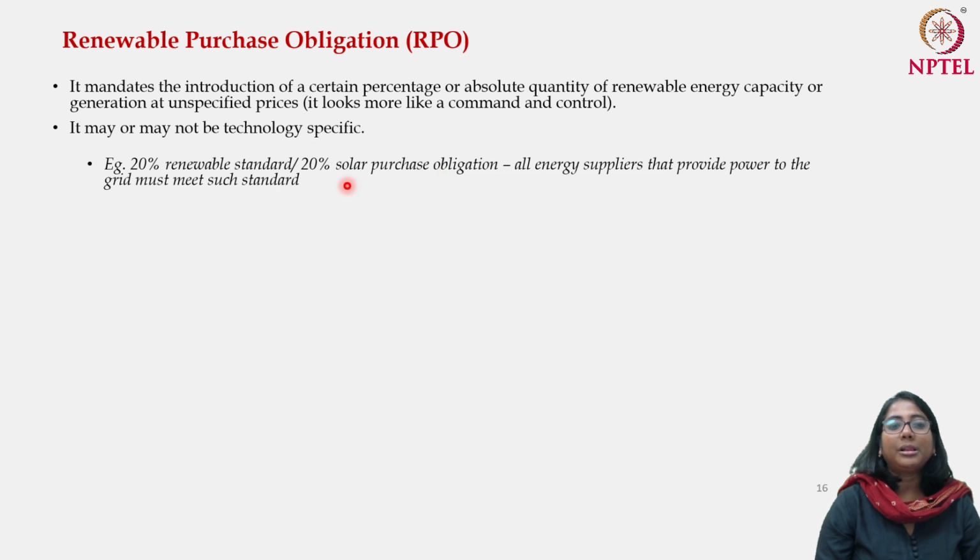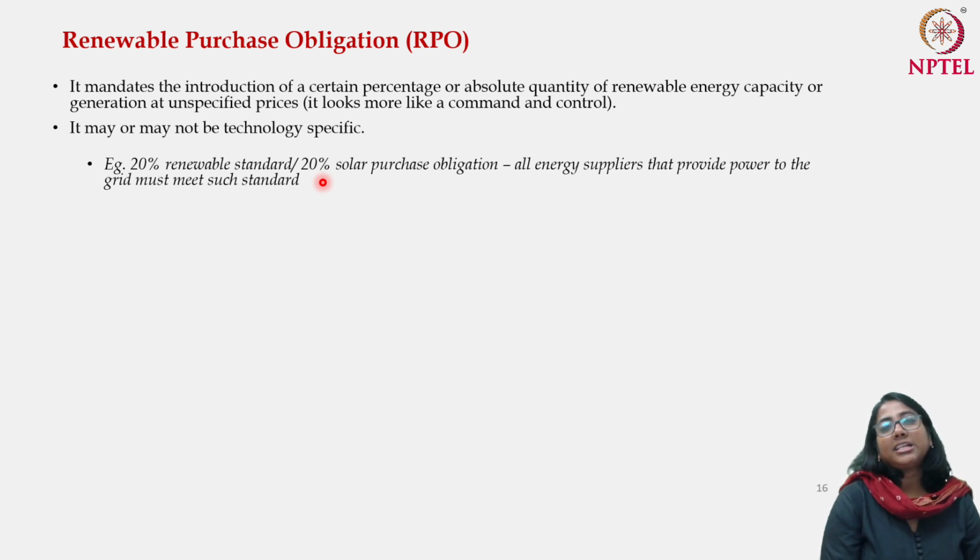It means, for example, that a 20% renewable standard or a 20% solar purchase obligation implies that all energy suppliers have to provide power to the grid to meet such a standard, to ensure that of whatever power they are supplying to the grid, 20% is coming from green sources, either from solar in case of a solar purchase obligation, or from any renewable source in case of renewable purchase obligations.